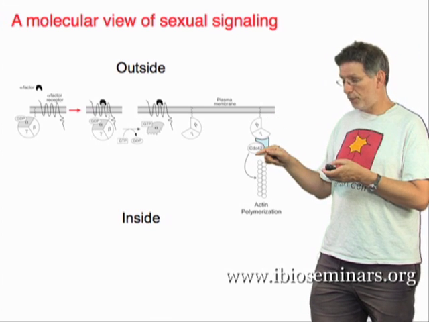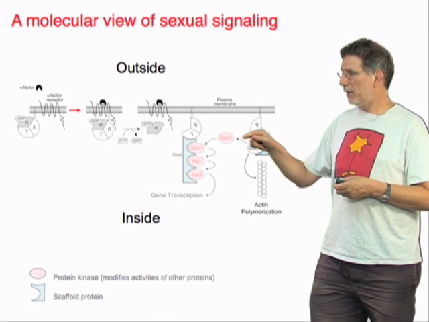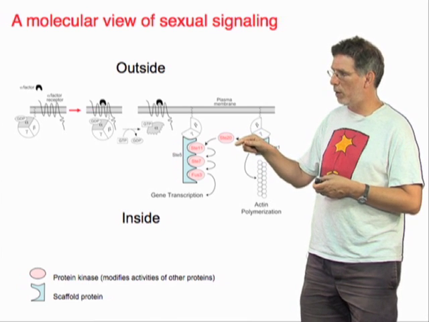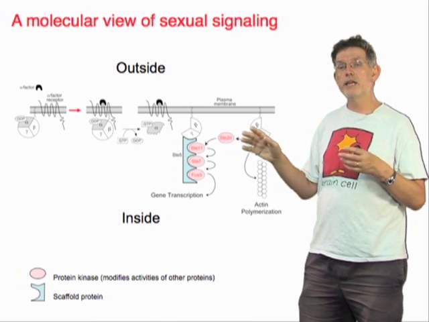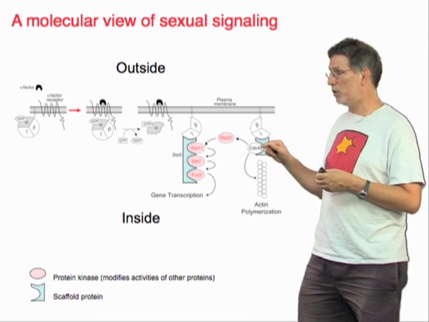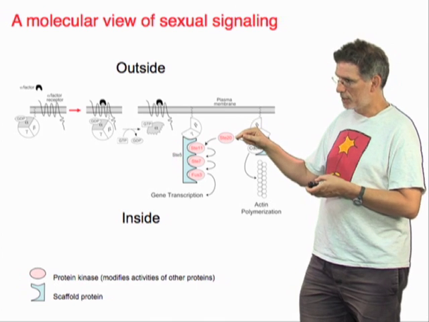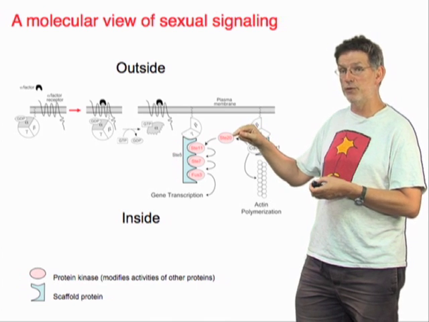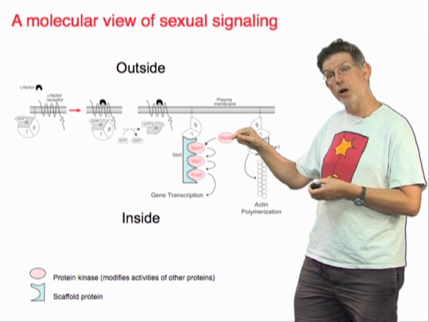The other thing that CDC42 does is to activate this class of molecules that are colored a light red, which are called protein kinases. These are molecules that modify the chemical structure and therefore the activity of other proteins. Sterile here means that these genes were isolated by geneticists who found mutations that made cells sterile, that is, they could not mate with each other.